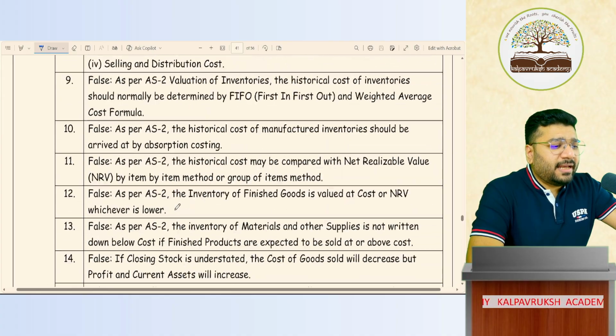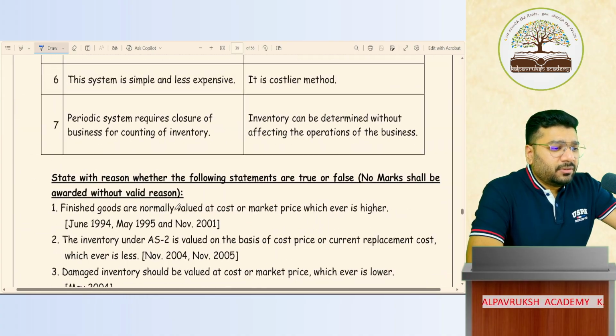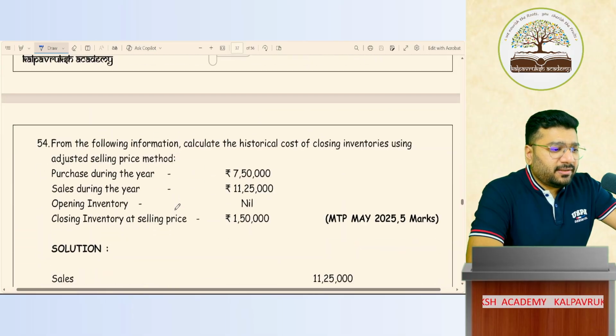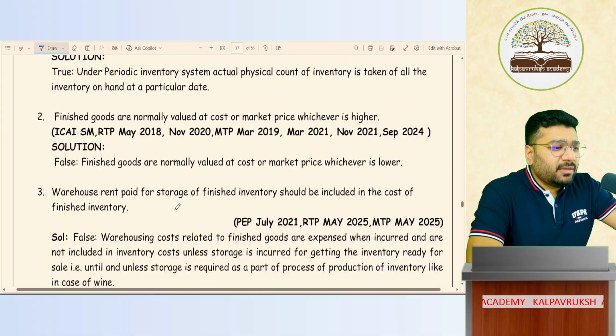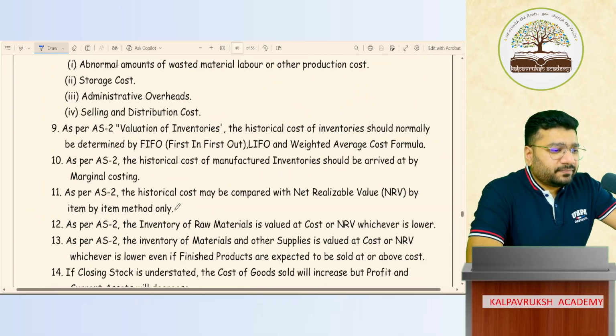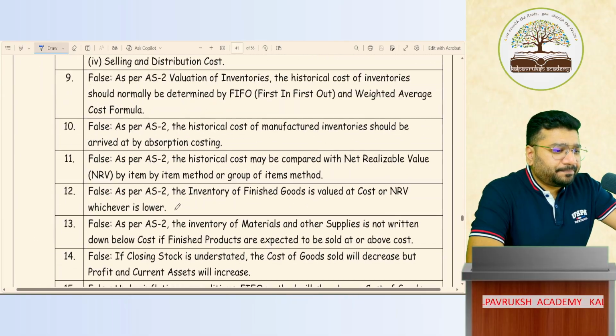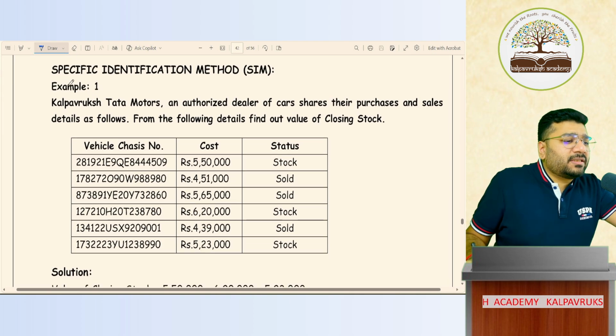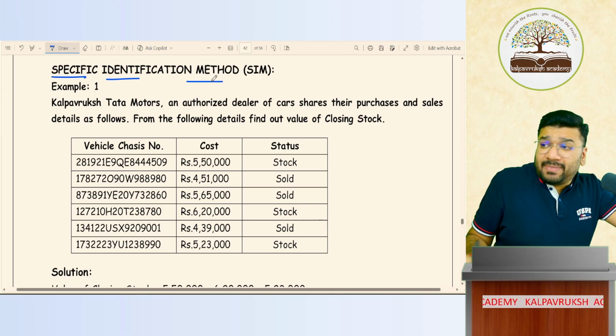After the scanner questions, there are some theory, if I'm not wrong, true and false. So these are the practical questions. After true and false is over, some theory will come. After that, I've given examples. So example 1 is for specific identification method.